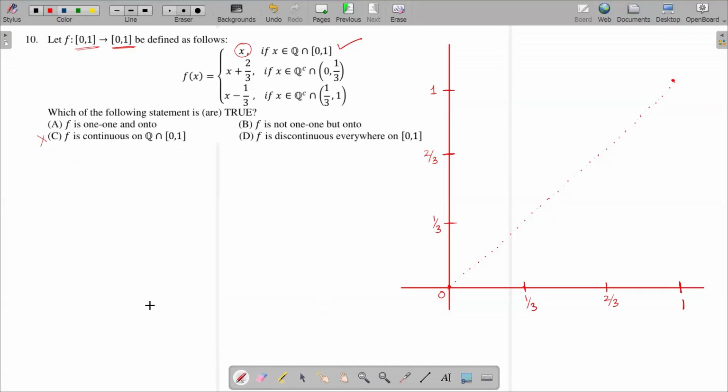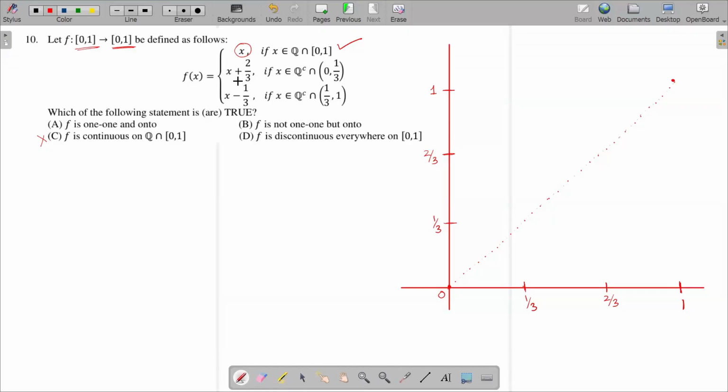So how about the other two? Areas like 0 to 1 by 3, if I am looking at. Of course x is not a rational, but if I take x as 0, what would be the image? 2 by 3, right? Just to guess what is the behavior, I'm just plotting it. So 2 by 3, and at 1 by 3 it is 1.